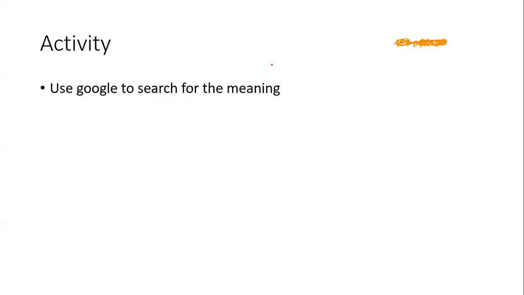Use Google to search for the meaning of tallying and what we call the tally chart. Use Google to find out what tallying is and what a tally chart is. So that is our exercise. We are doing it now. And after, you can even type in the chat what you have got as your response.